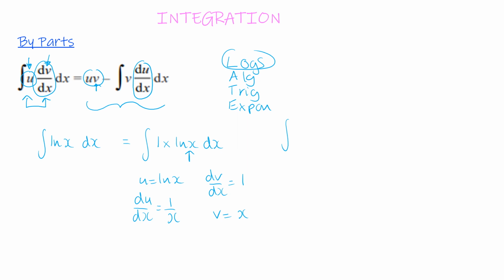So the integral of the ln of x is going to be uv, which is these two multiplied together, x, the ln of x, minus the integral of these two multiplied together. So that is 1 over x times x. Now these x's will cancel, so it's going to be x, the ln of x, minus the integral of 1, which is just x.